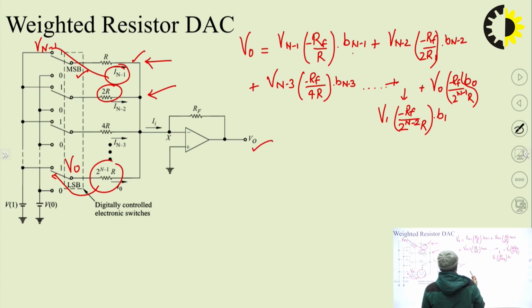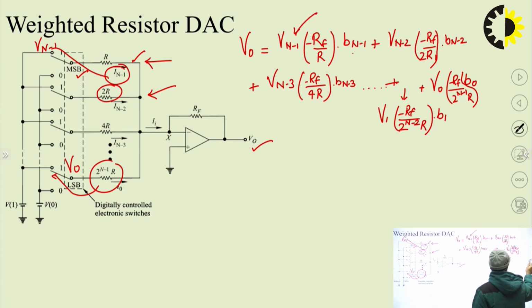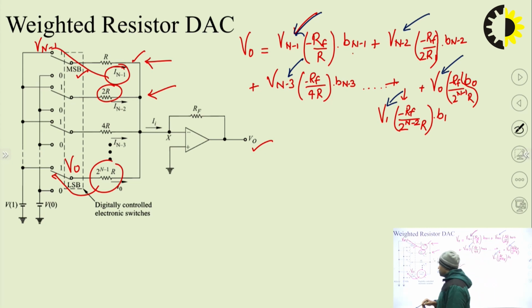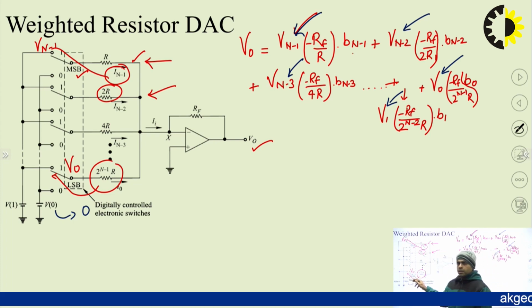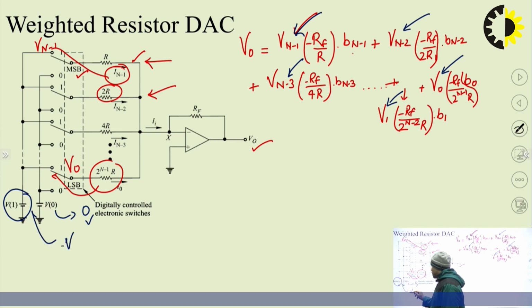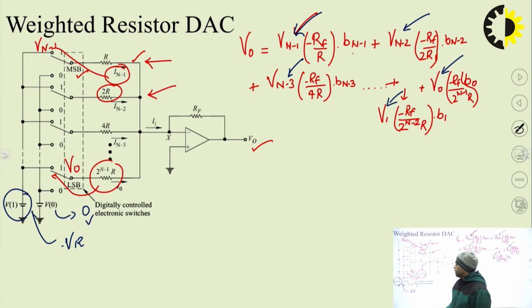But one thing has to be very clear: all these Vn minus 1, Vn minus 2, Vn minus 3, all these different voltages cannot have multiple values. We will be treating the V naught voltage corresponding to binary 0 as 0 volt, and the voltage corresponding to V1 I am treating as minus VR, the reference voltage for binary 1.